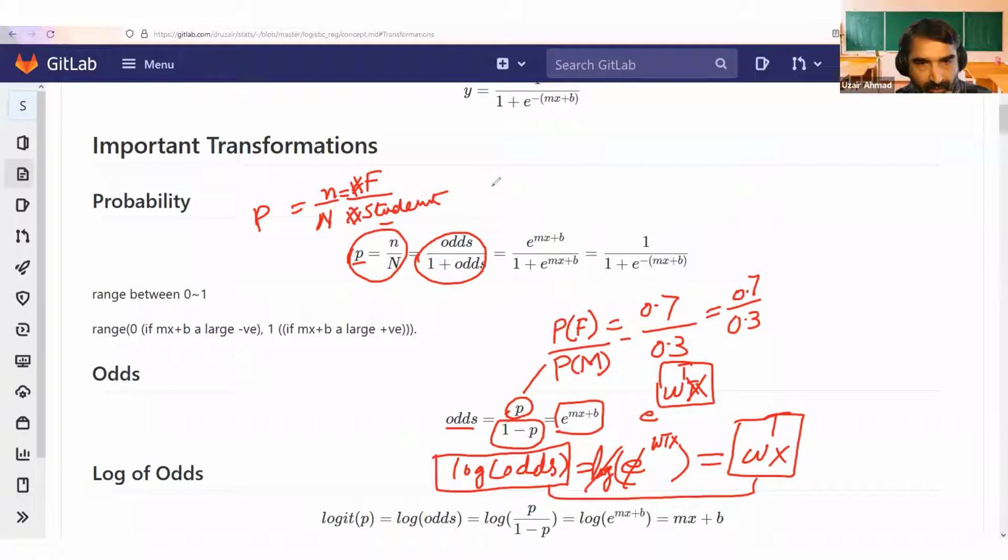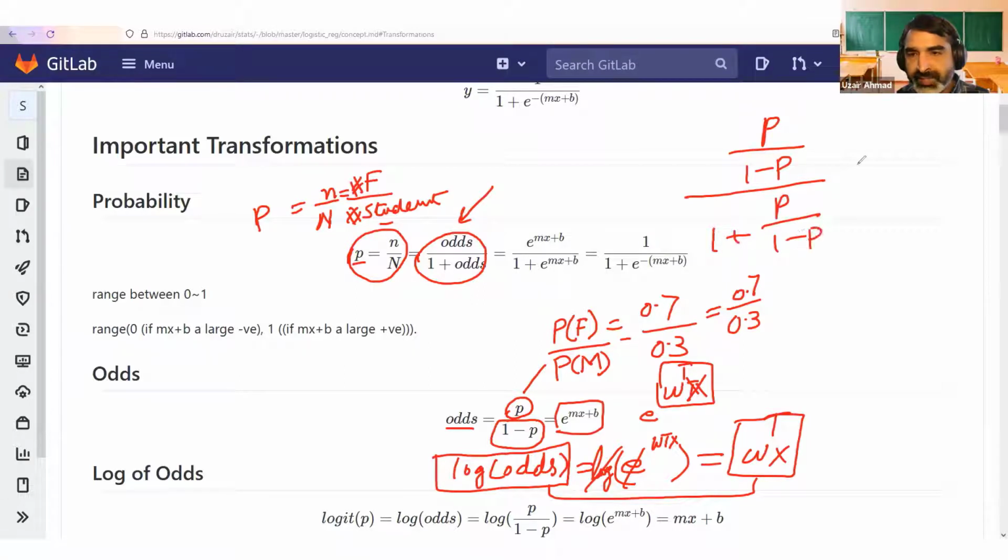So here, odds divided by 1 plus odds is the probability. You can see P over 1 minus P is odds, and 1 plus P over 1 minus P, we get probability. Right? And here we saw that e raised to power W transpose X is odds.